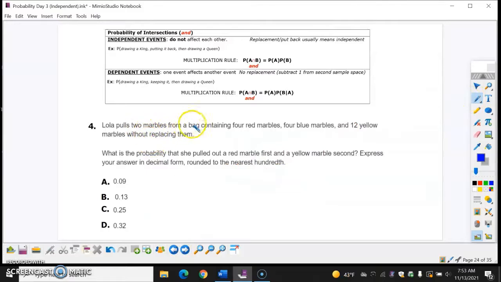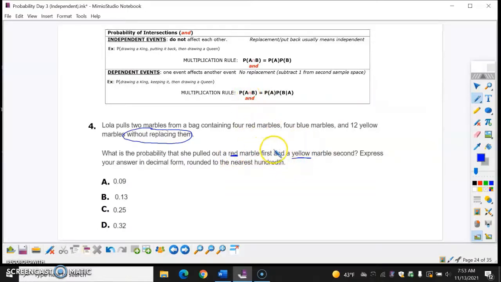Lola pulls 2 marbles from a bag containing 4 red, 4 blue, and 12 yellow marbles without replacing them. So remember, without replacement means the sample space is going to change and they are dependent. What's the probability that she pulled out a red marble first and a yellow marble second?